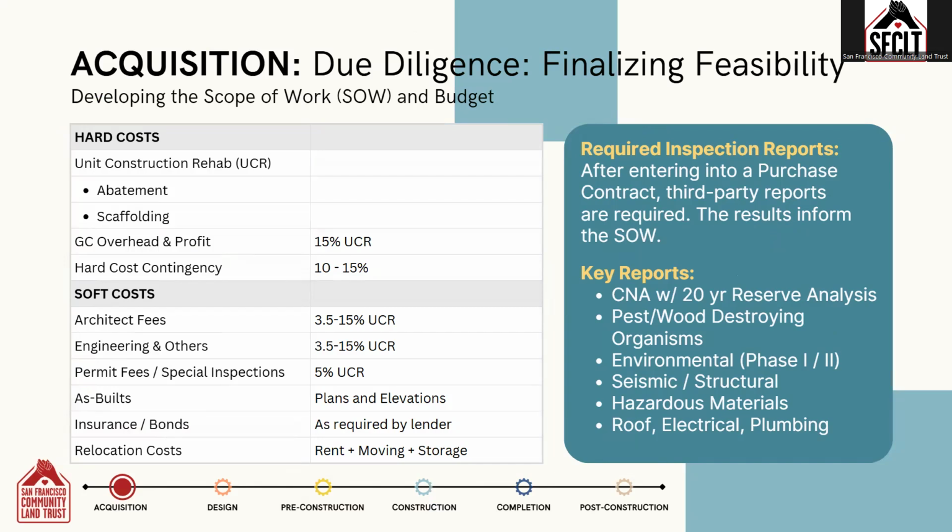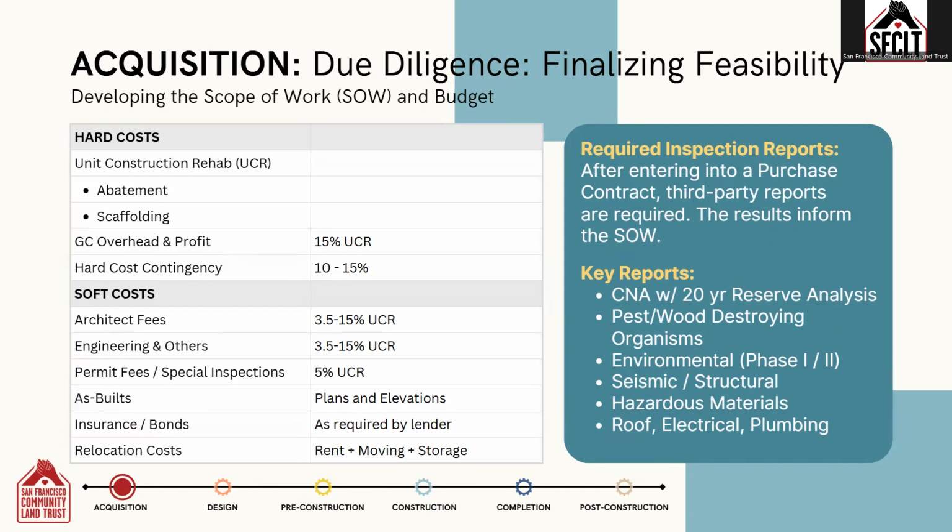Once you're in contract, the construction manager coordinates with the realtor, who engages vendors and consultants to prepare property inspection reports. The construction manager will review these reports and use them to refine the scope of work and inform more accurate cost assumptions.